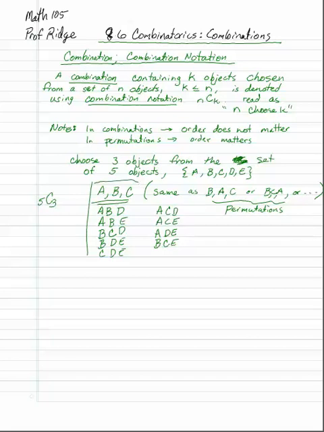There are just 10 combinations picking 3 letters out of the 5. So again, this would be 5 choose 3.